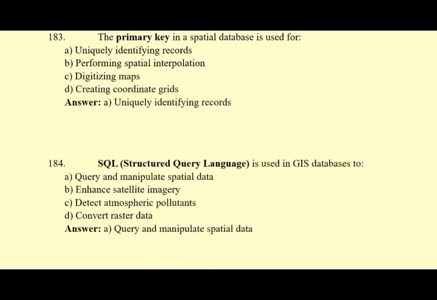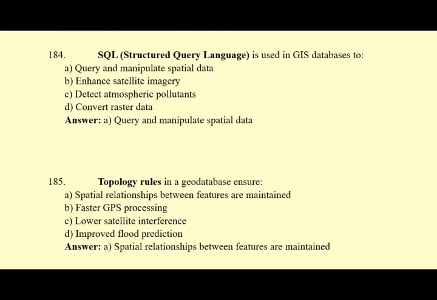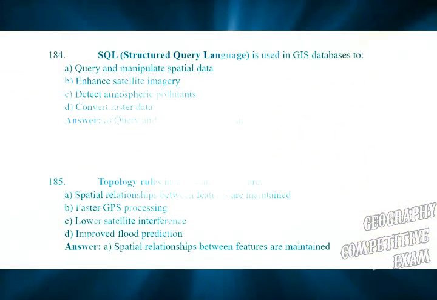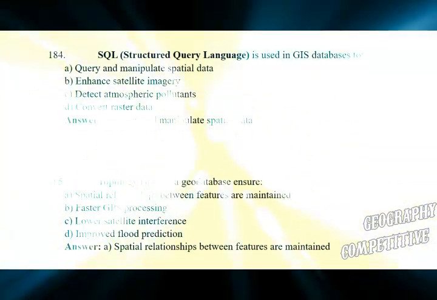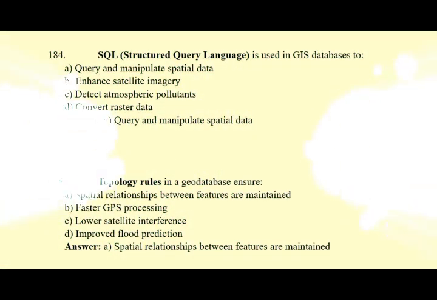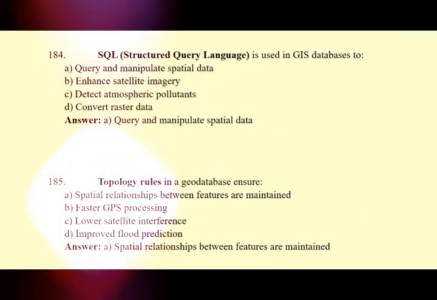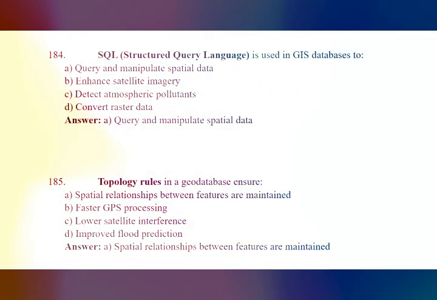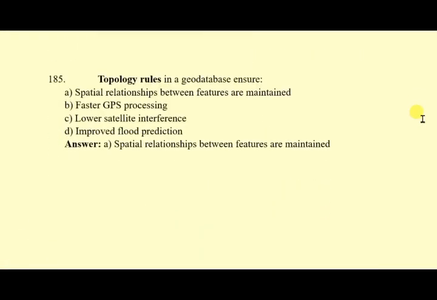Here the right answer will be uniquely identifying records. SQL, or structured query language, is used in GIS databases to query and manipulate spatial data, enhance satellite imagery, detect atmospheric pollutants, convert raster data. Here the right answer will be query and manipulate spatial data.